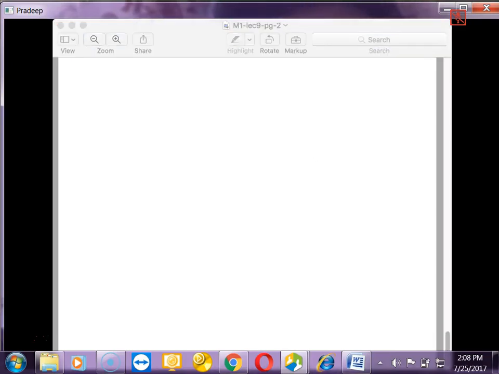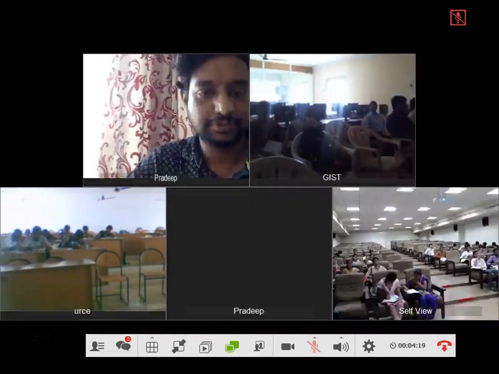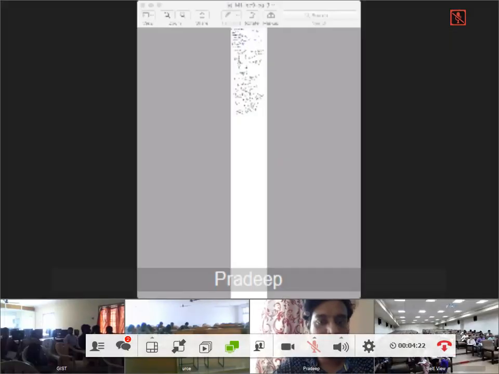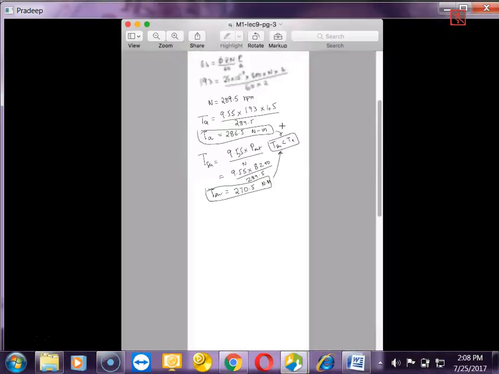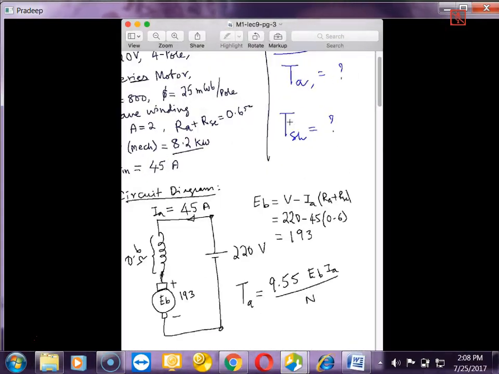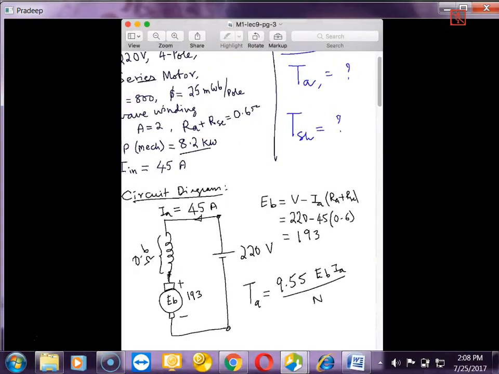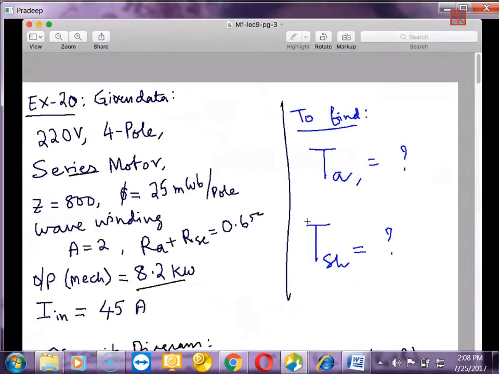Then continuing on, we had one more final problem that we worked out, to find the armature torque and shaft torque.